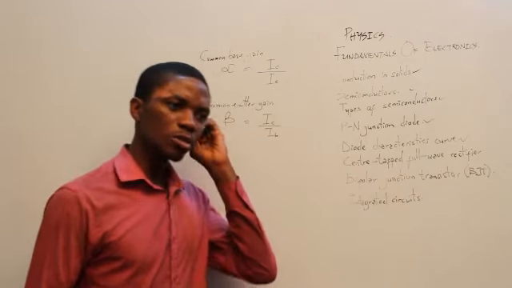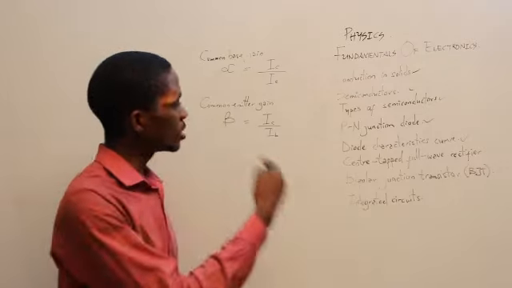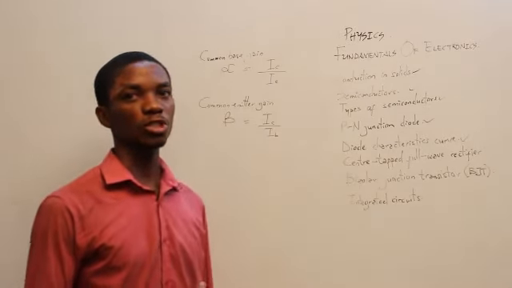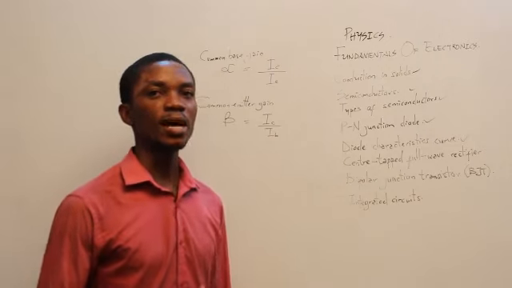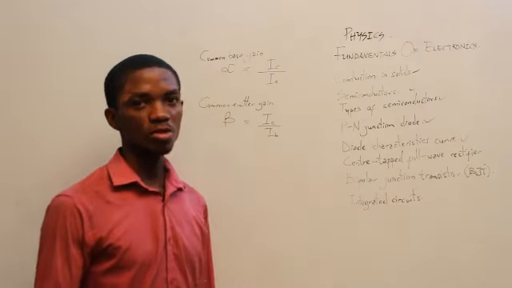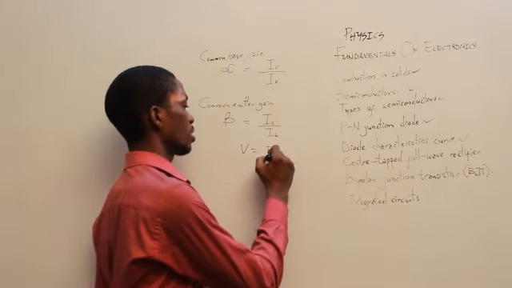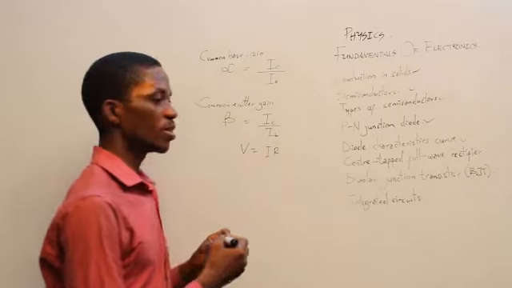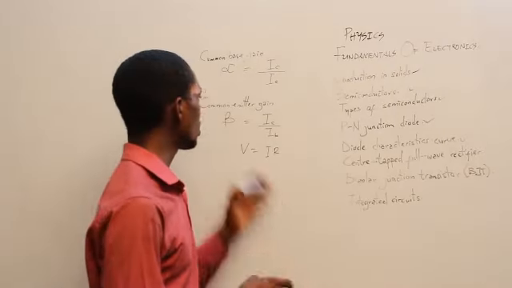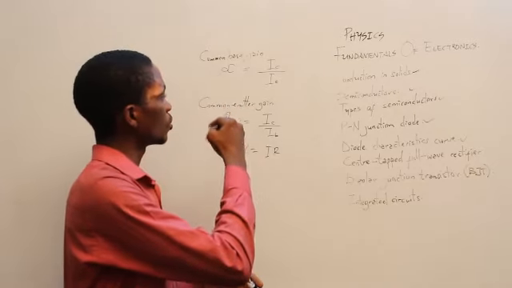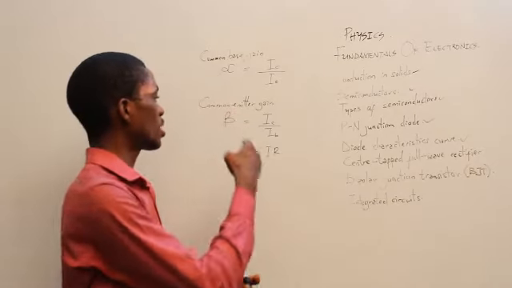It is also good to note that when this occurs, there is also an amplification of voltage. Since we know that voltage equals IR, to calculate our voltage depends on whichever system you're using, the common base system or the common emitter system.